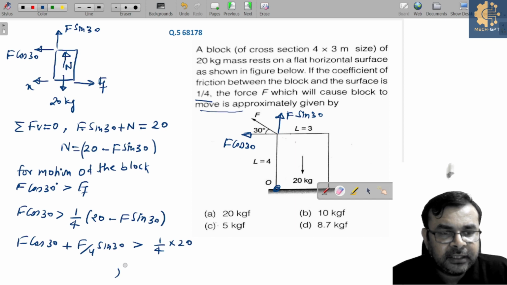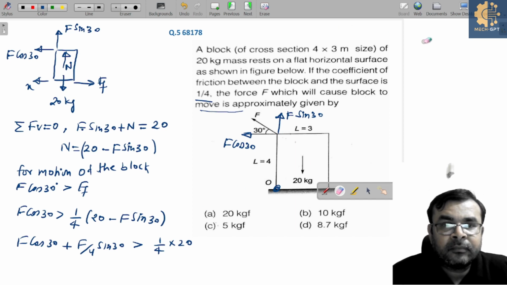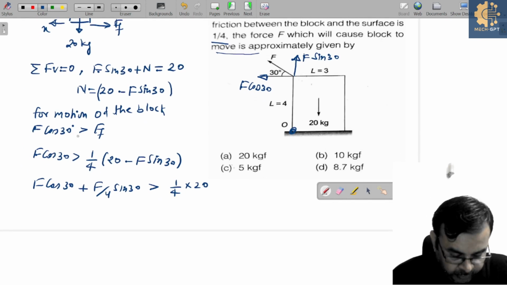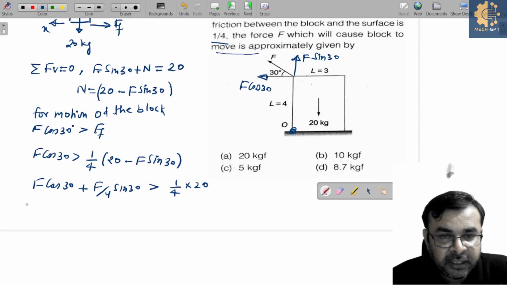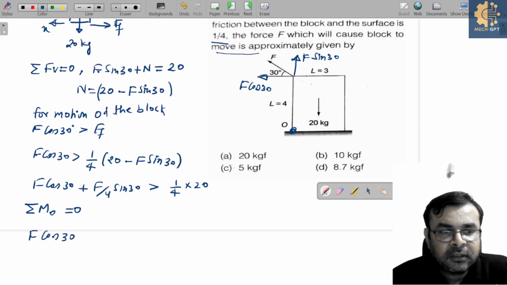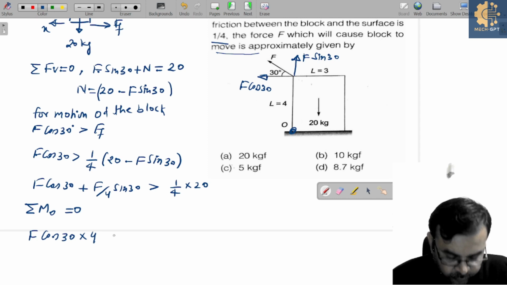So now for equilibrium condition we can also write moment about O must be equal to 0, and if you write this equation, then simply can I say this is F cos 30 into 4, correct?